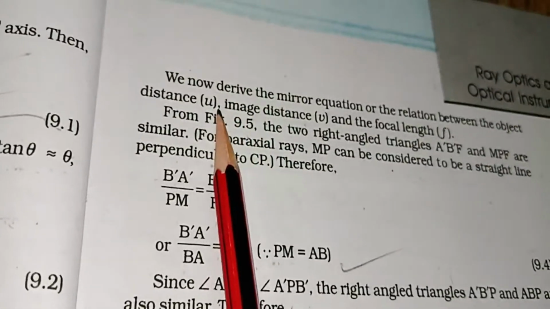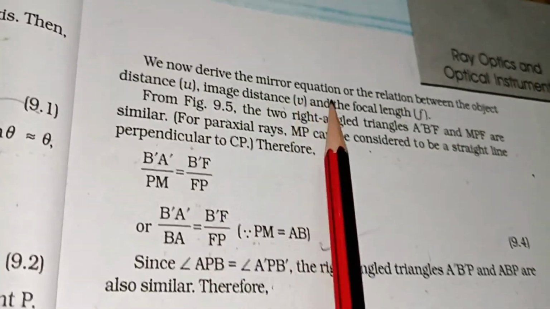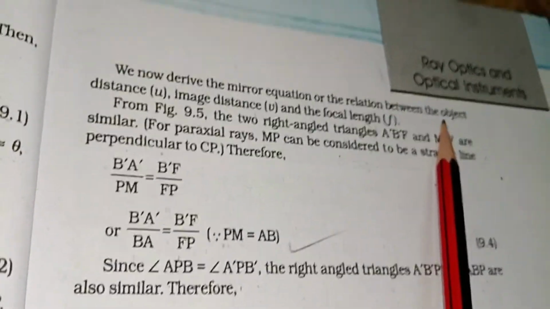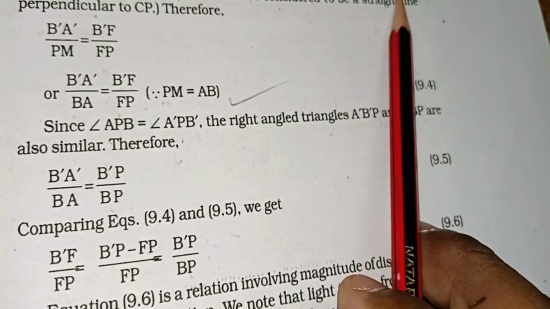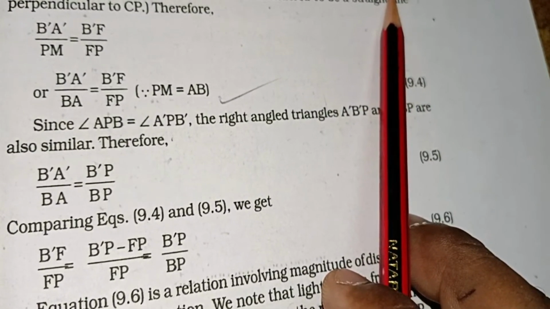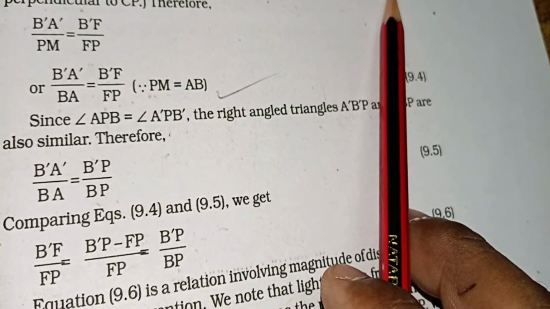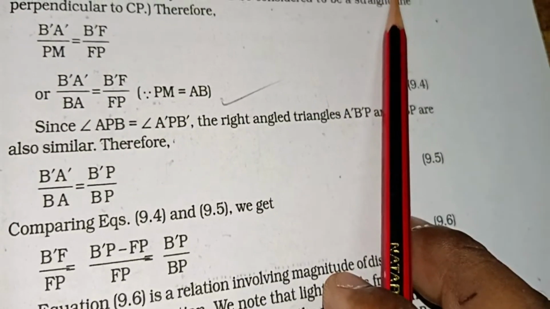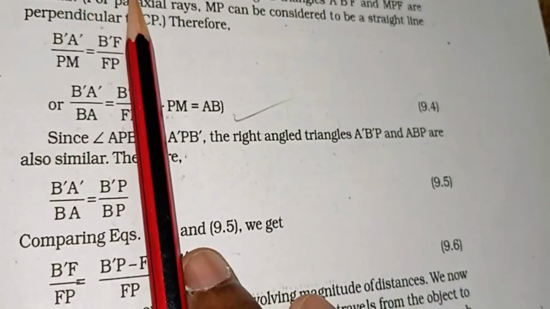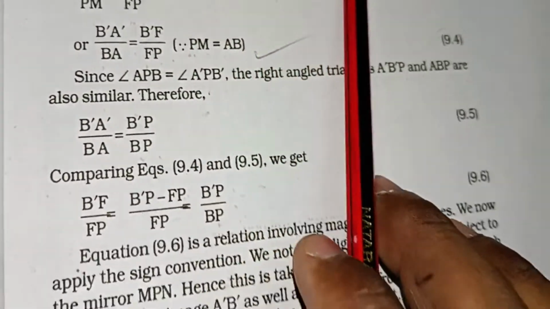We now derive the mirror equation, the relation between the object distance u, the image distance v and the focal length f.